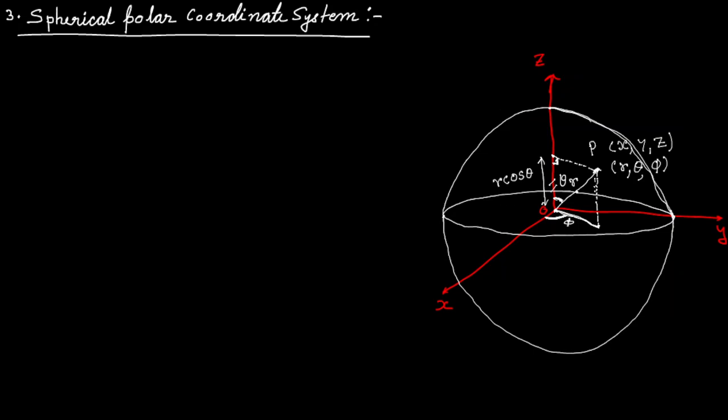Now since this R is in space, another projection of this R lies in the xy plane. So in this case, this is the projection on the xy plane. What will be the length of this projection? If this angle is theta, this angle will be 90 minus theta, because the z-axis is perpendicular to the xy plane.